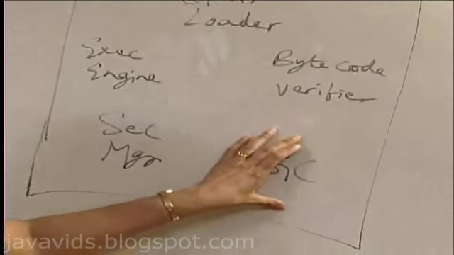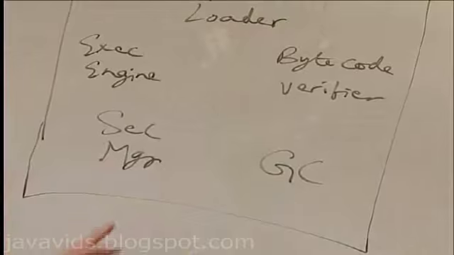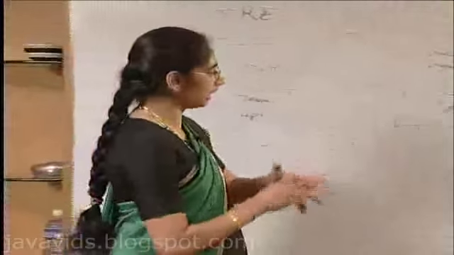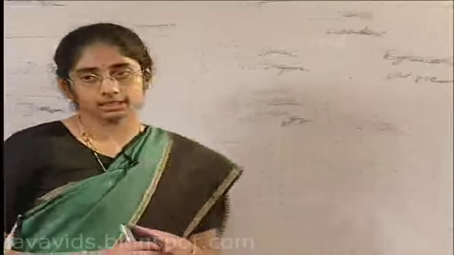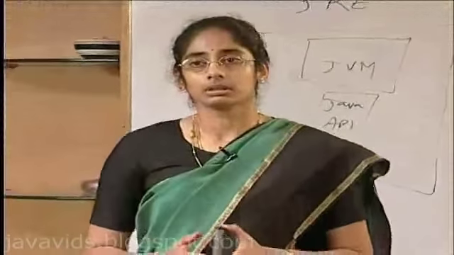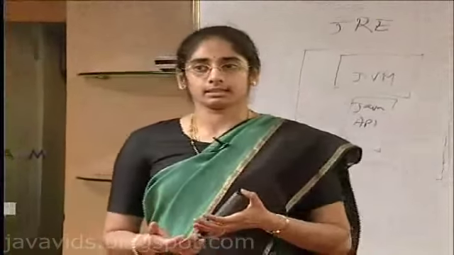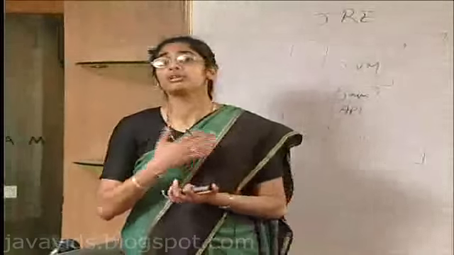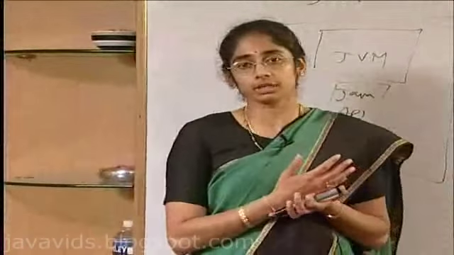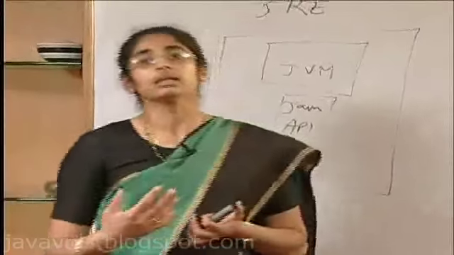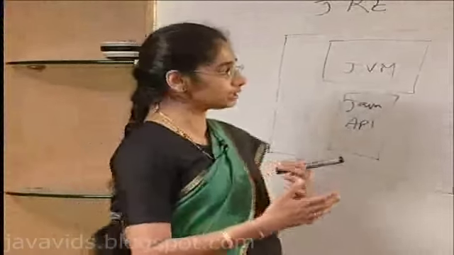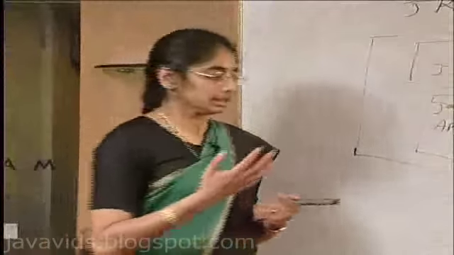The garbage collector. This is one other important feature we did not mention in the list of features, which you can add. Garbage collector is used to remove objects which go out of scope, because in Java you can create an object by giving a new keyword, but you cannot actually remove or delete an object once it is created.